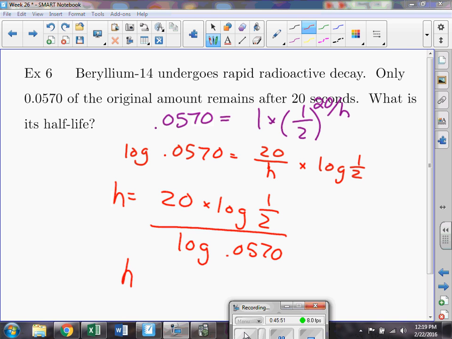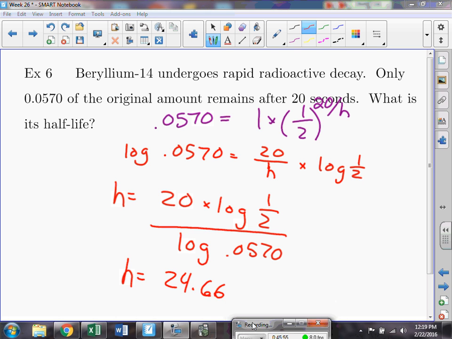And after putting those in the calculator, we get 24.66. Rounding it to 3 significant digits, the half-life is 24.7.